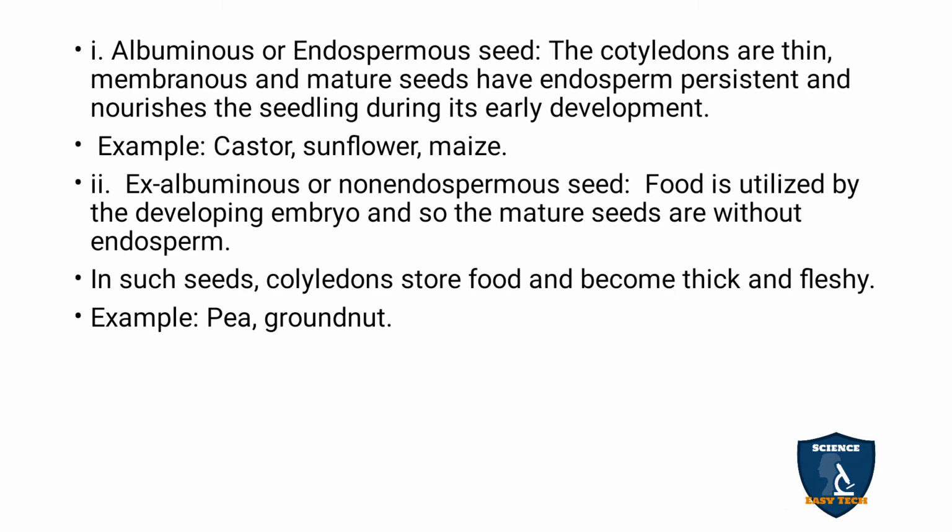In such seeds, the cotyledon stores the food and becomes thick and fleshy. Examples are pea and groundnut for ex-albuminous or non-endospermous seeds. For albuminous and endospermous seeds, the examples are castor, sunflower and maize. So these are endospermous seeds.